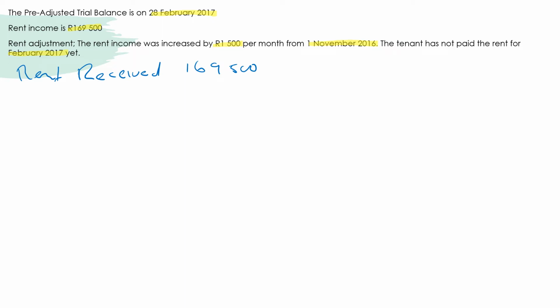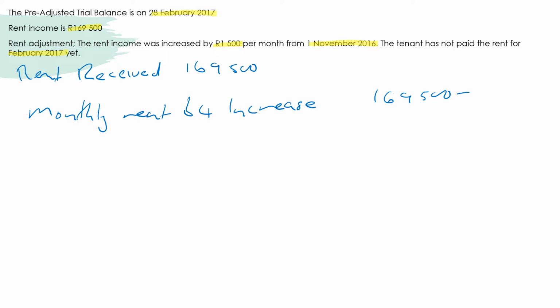Right, so what we do is we're going to say to find the monthly rent that is before increase, right, so that will be 169,500 minus 1,500 from 1 November.